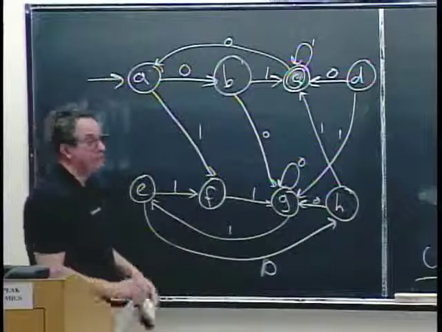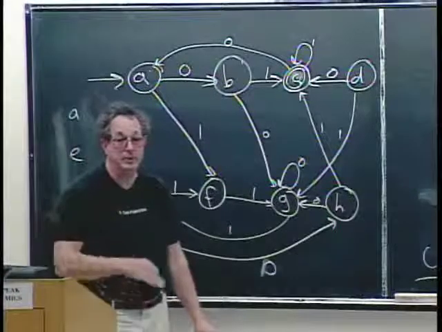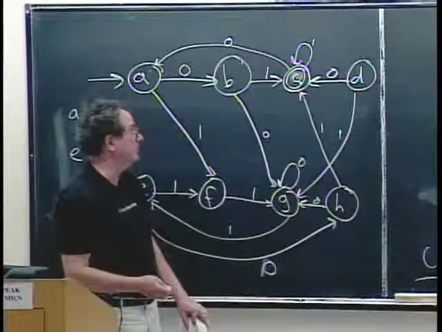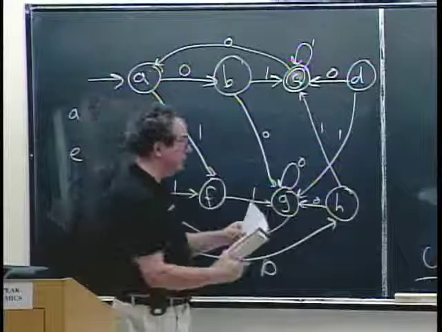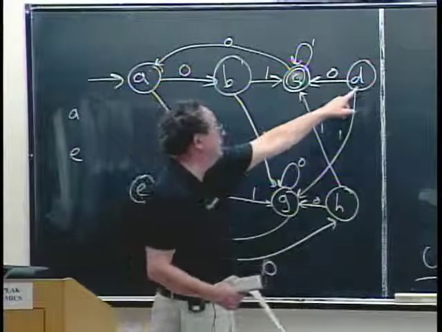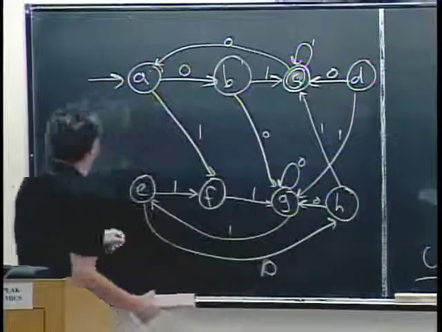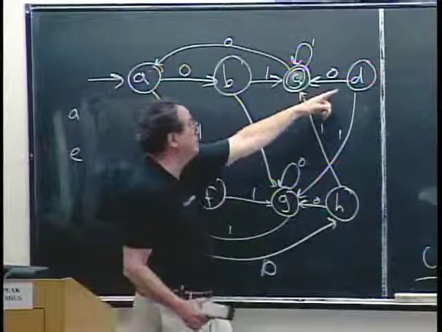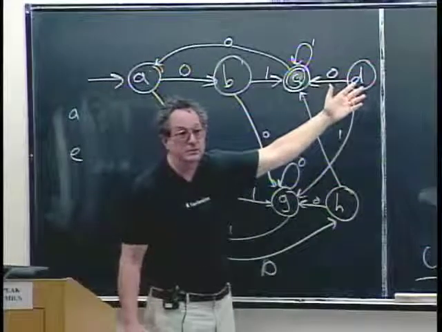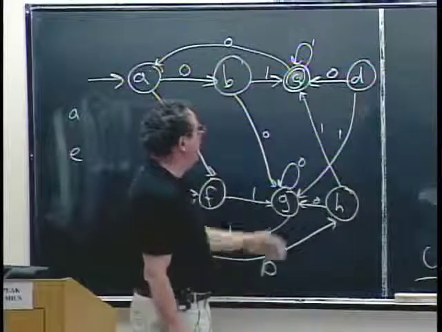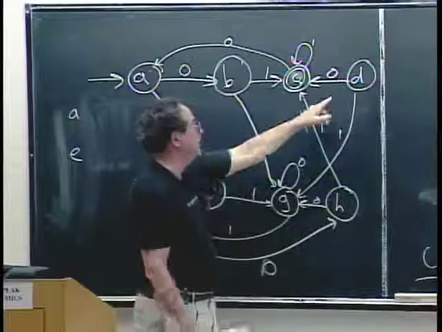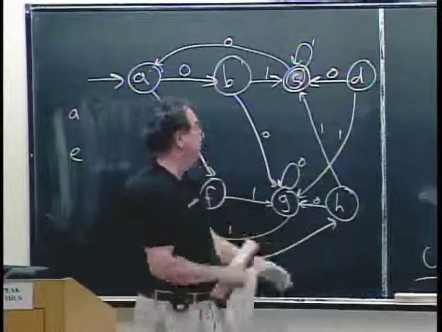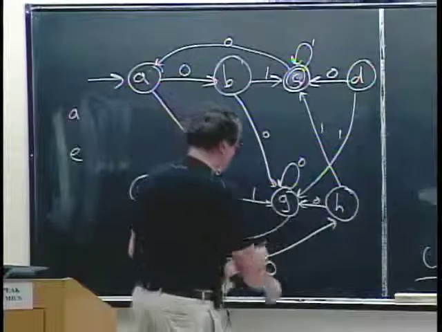Oh, one more thing I should have said at the very beginning. The first way that you can clean up a DFA, the first way that you can reduce the number of states, is if you have any state, for example D, that's not reachable from the start state. Here's the start state. D isn't reachable from the start state because there are no in-edges. So clearly, this DFA doesn't need D because there's no computation that can ever go through D. So that is a cleanup that you can do initially.